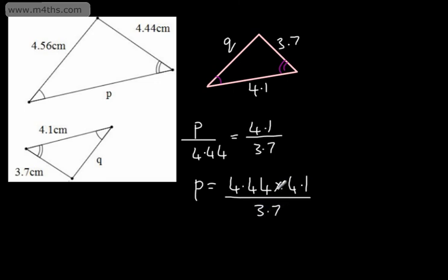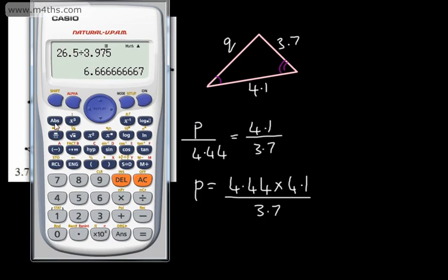I'm entitled, more than entitled, to write that. That's the same. So I'm putting the 4.44 in the numerator. It really doesn't matter. So let's go ahead and do that. So what have we got? 4.44 multiplied by the 4.1, and we'll divide that now by 3.7, and we're going to end up now with 4.92.